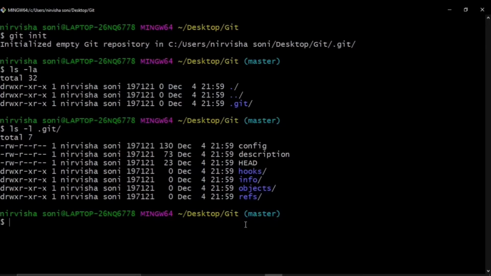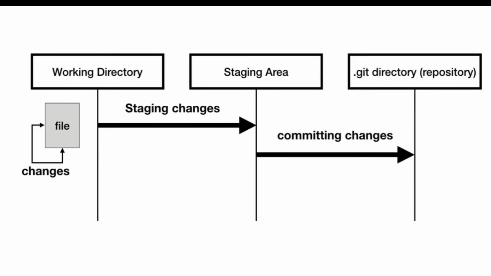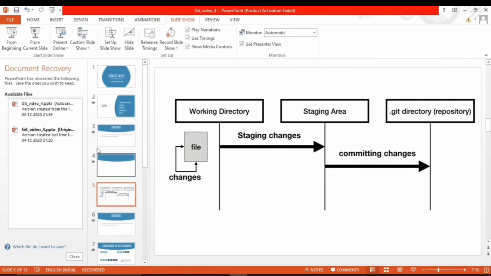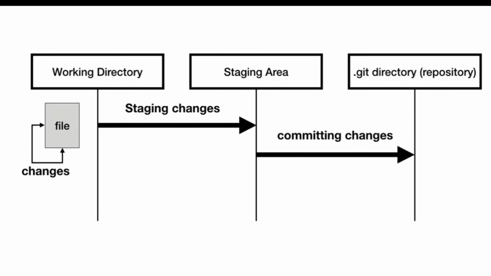So what is the need of this new directory, and what is the area outside this directory called? The area outside the Git directory is known as the working directory, or working tree.